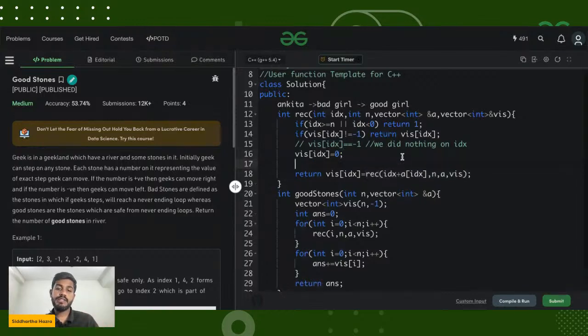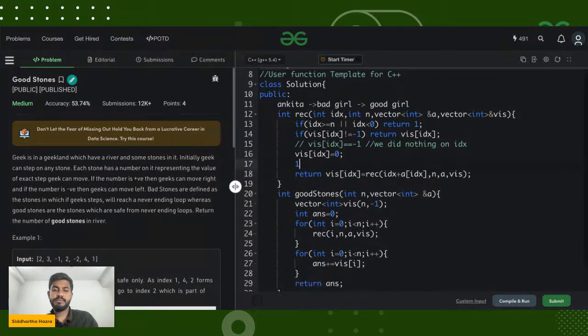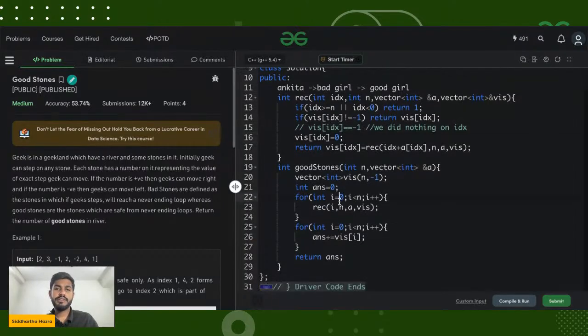So first I'm assuming 1 to be a bad stone, then if by using 1 I can reach the end, it becomes a good stone. 1 means good stone, 2 means bad stone. Just remember this.